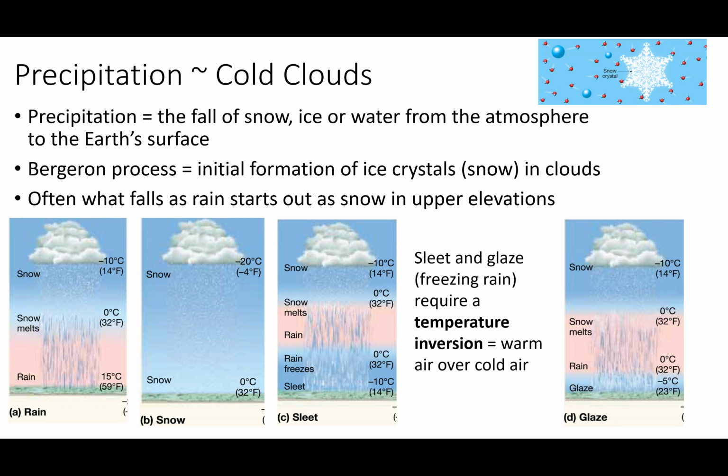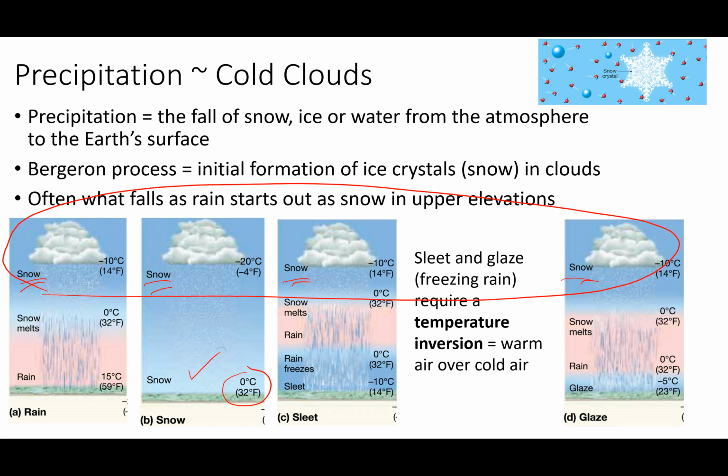Okay. So all of these are starting out as snow. And we talked in lecture that it kind of depends on what your temperature is like going down. So if your temperature stays cold, then it's going to land as snow. But if your temperature gets warmer, then it's going to melt and become rain. Now we have a couple of options over here.